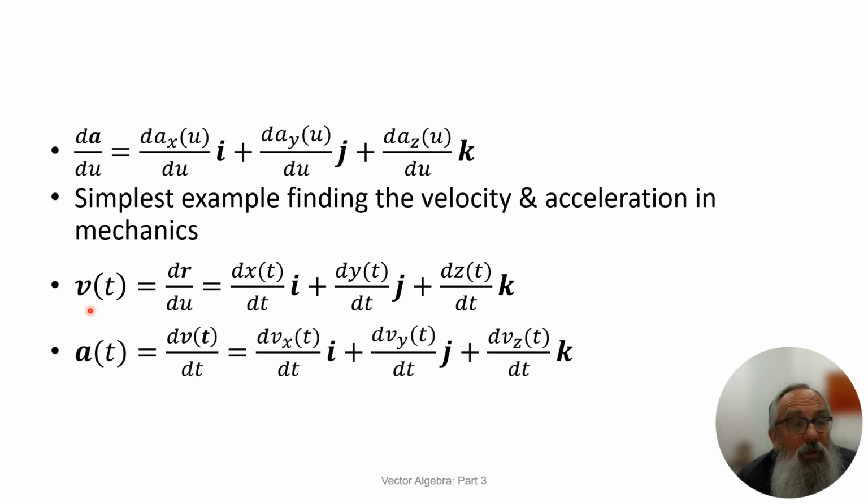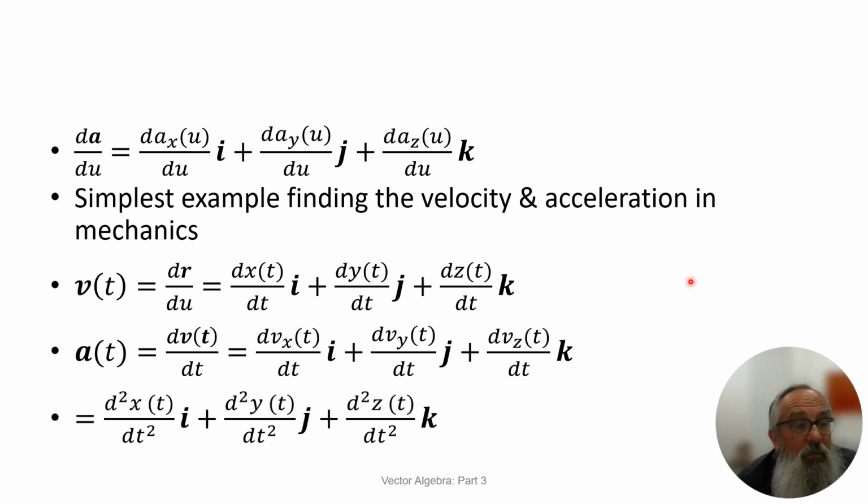We differentiate that velocity vector, we get dvx/dt, dvy/dt, dvz/dt. So we have acceleration. Of course, acceleration is the second derivative of the x, y, z of r, so d2x/dt squared, d2y/dt squared, d2z/dt squared in vector format.